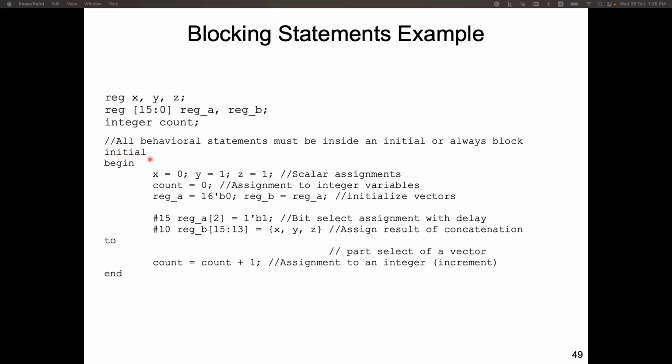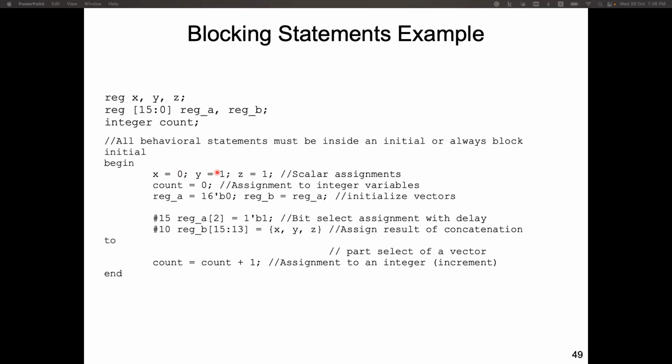There is some initial block here from begin to end. So it's blocking. In this example, the statement y equal to 1 is executed only after x equal to 0 is executed. The second statement is executed after the first statement, and so on.